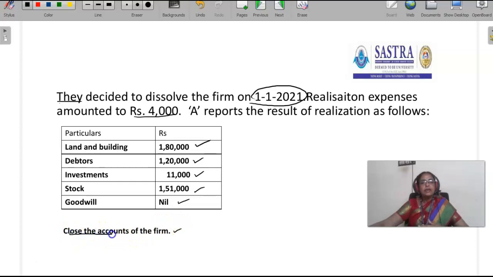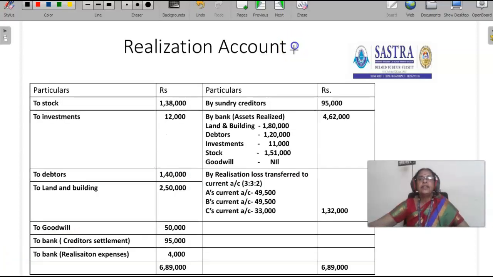So close the accounts. We have to close all the accounts in the firm. Assets, liabilities, capital, all should be closed. The first step, we have to prepare a realization account. In that realization account, we have to transfer all the assets of the firm.